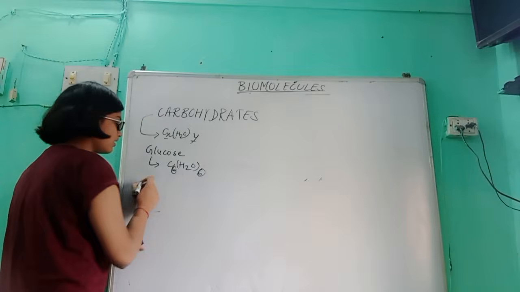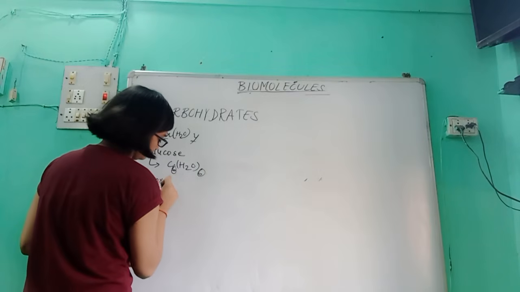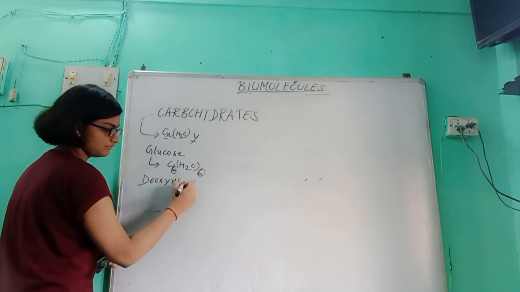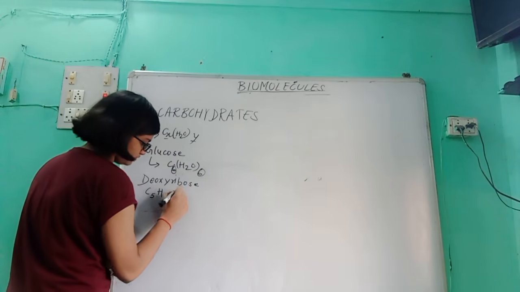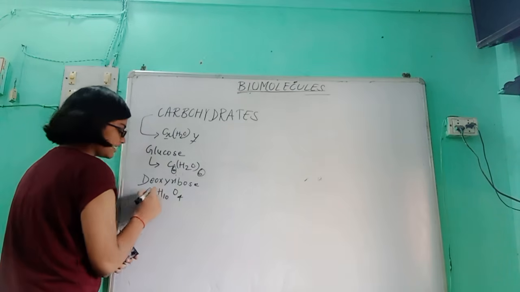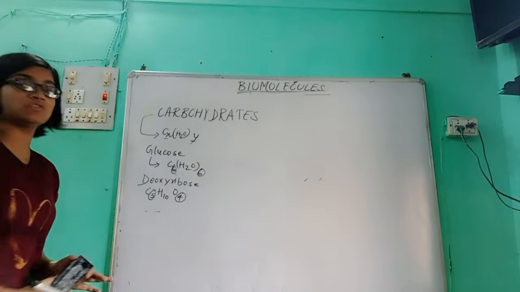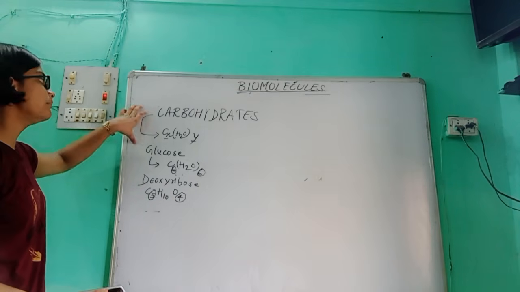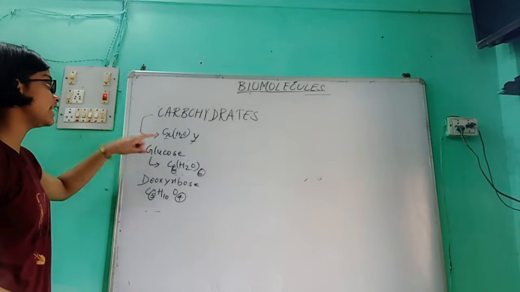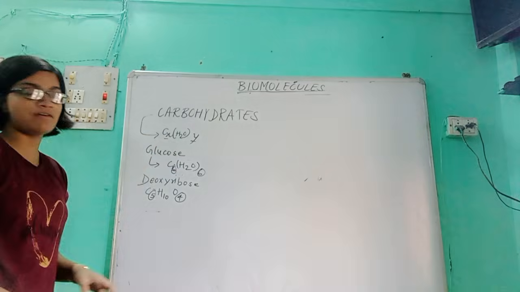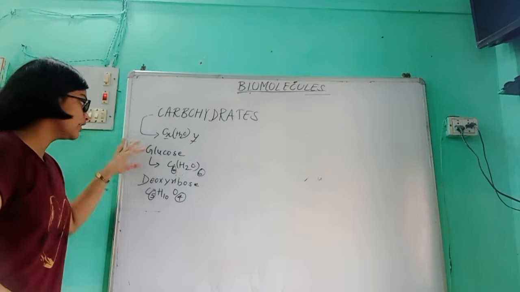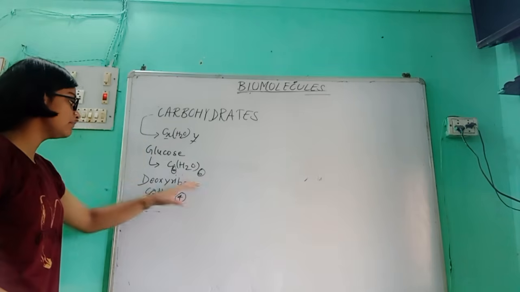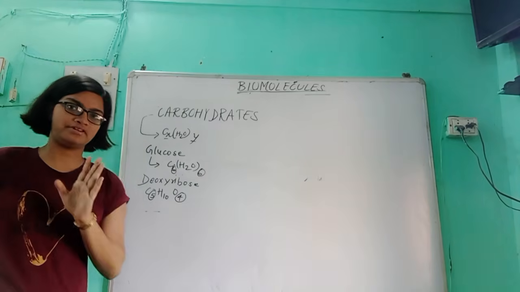But if we go for deoxyribose, it is C5H10O4. Here the value of X and Y is not the same. So we can see that there is a common general formula for carbohydrates, that is CxH2O whole power Y, and here the value of X and Y is variable. Like in case of glucose, it's the same, but in deoxyribose, it is different.